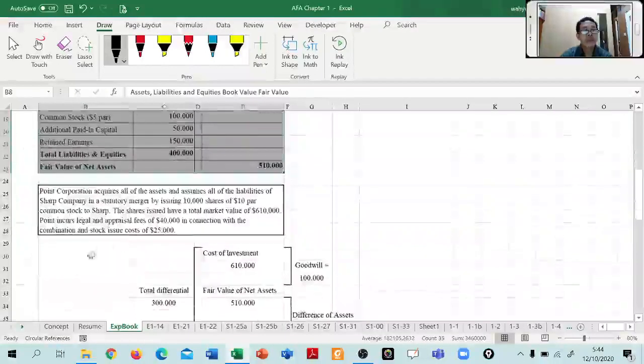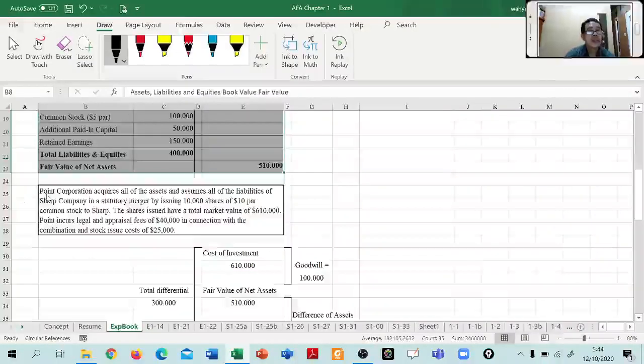Okay, next the question. The information is: Point Corporation acquires all of the assets and assumes all of the liabilities of Shark Company in a statutory merger by issuing 10,000 shares of $10 par common stock to Shark.